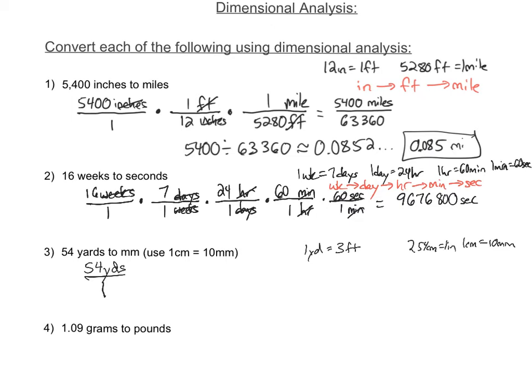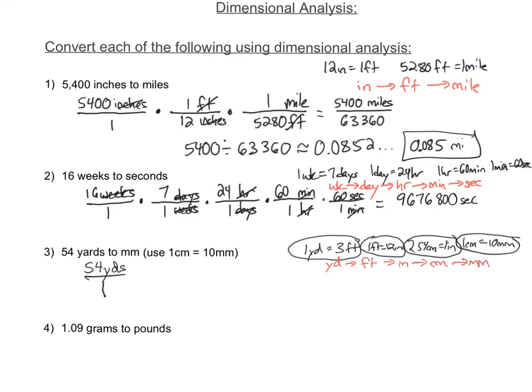So I can see that if I can get from yards to feet, and then from feet to inches, which I can do, I know 1 foot is 12 inches, then I've got yards to feet, feet to inches, inches to centimeters, centimeters to millimeters. So that's my path, and I can write it out as follows: yards to feet to inches to centimeters to millimeters.